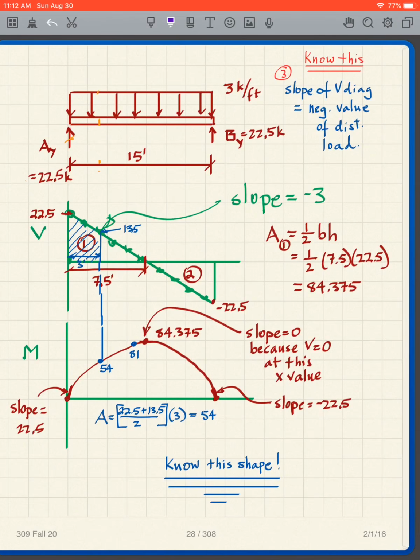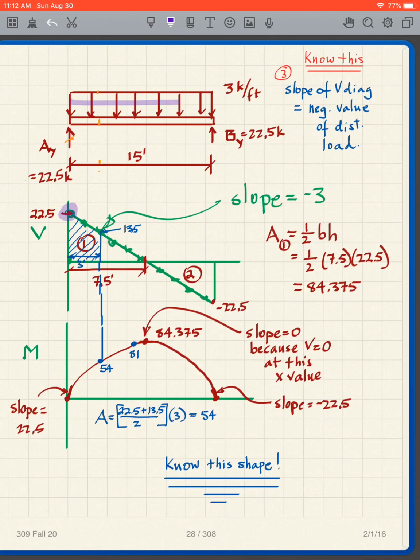For this particular shear diagram, we followed the arrows up to 22.5, but then we figured out what the total load was there. The total load there is 3 times 15, which is 45. And so we are working from left to right. I'm at 22.5 at this stage.